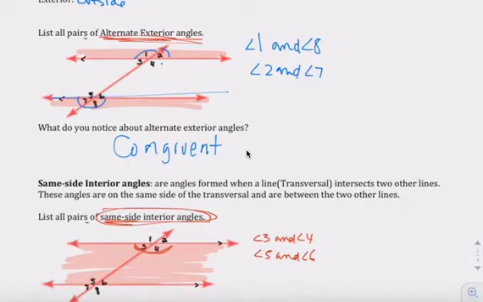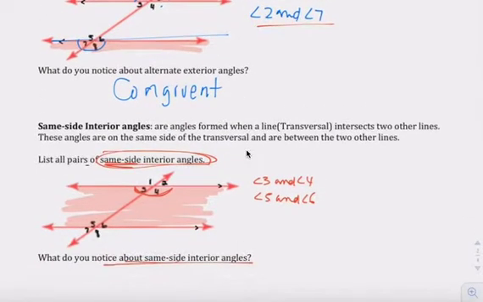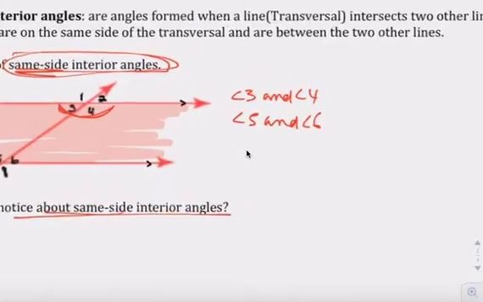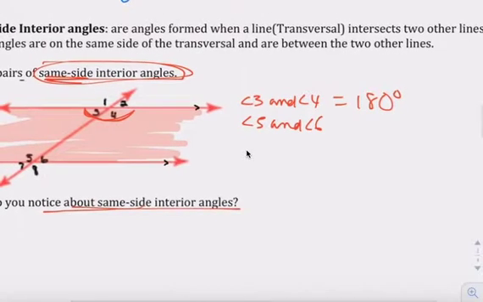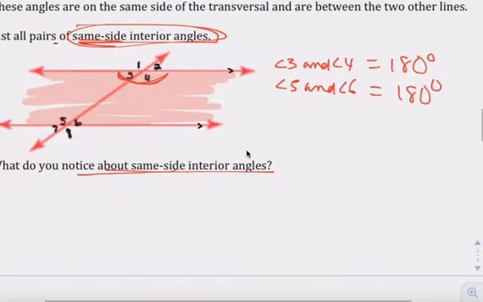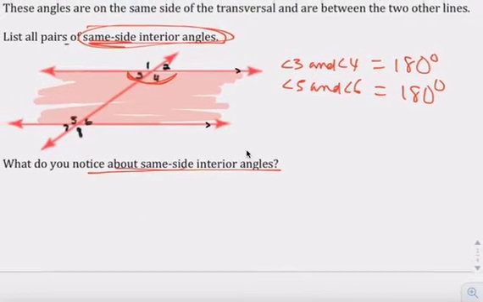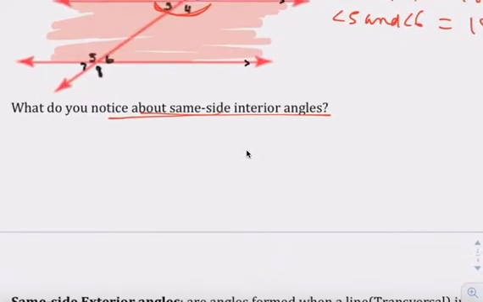Remember, these are congruent. These are not. They equal 180 degrees. They're supplementary angles. So the angles combine to be 180 degrees.